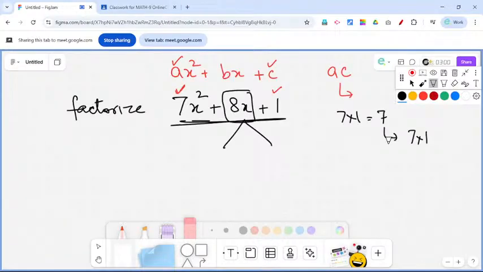If there are multiple pairs, I will select only that pair which on adding gives the middle term. So 8x I can write as 7x plus 1x. So this is by splitting the middle term. Let me show you some examples.